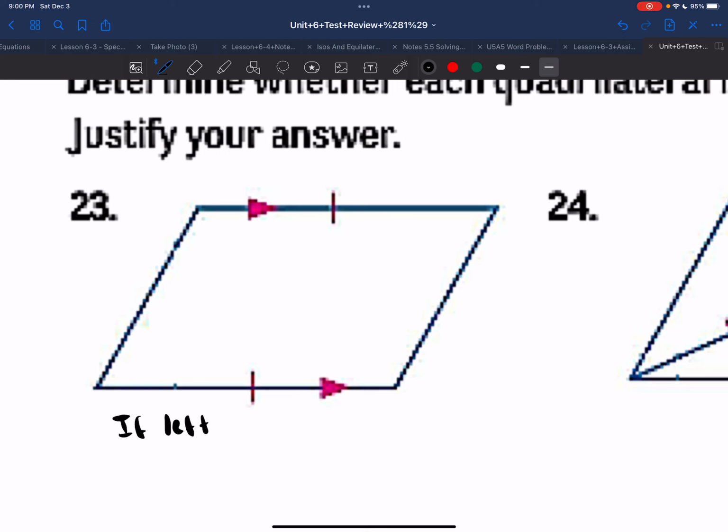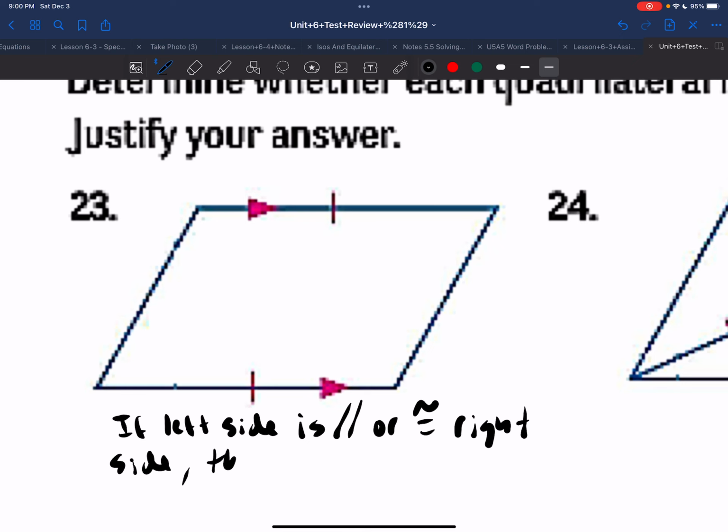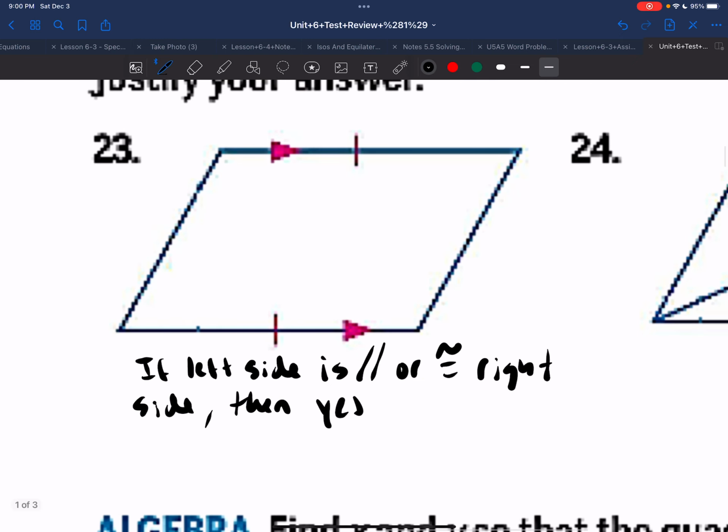If the left side of this figure is parallel or congruent to the right side of this figure, then yes, this is a parallelogram. If not, if this is not parallel to this and not congruent whatsoever, then no.